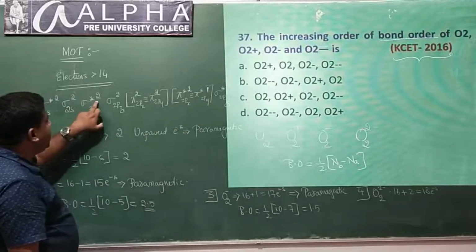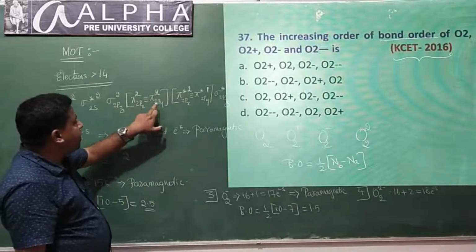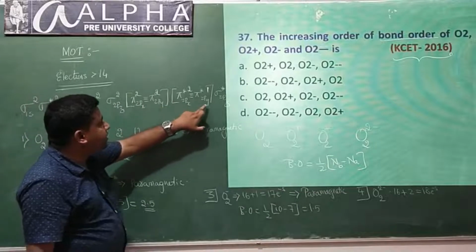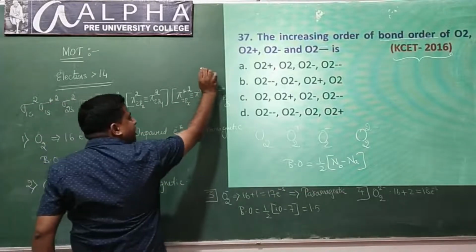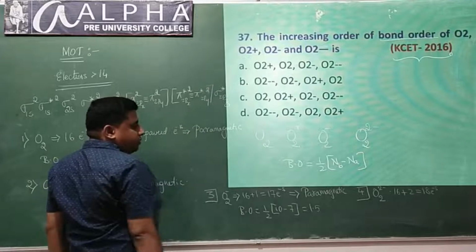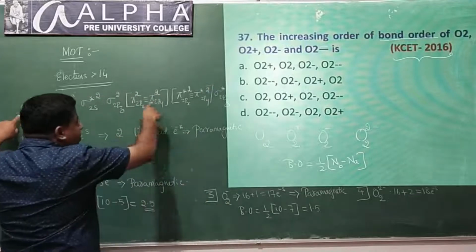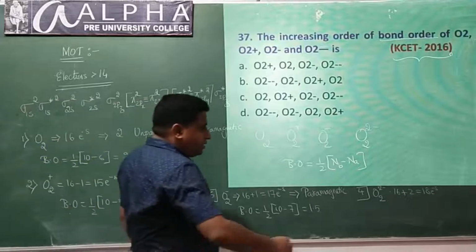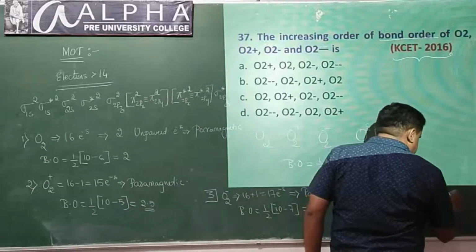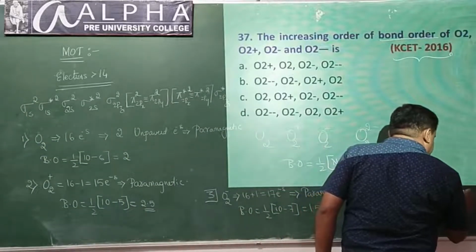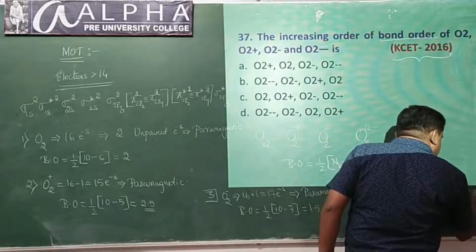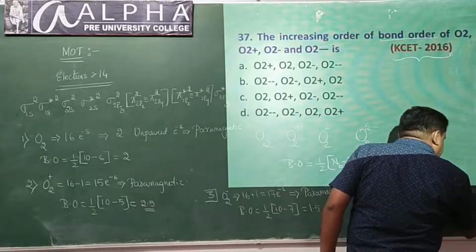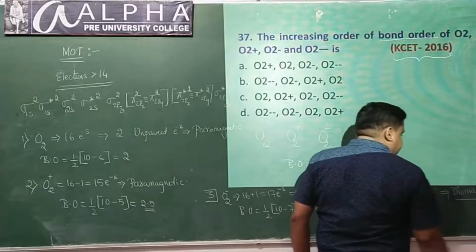4, 6, 8, 10, 11, 12, 13, 14, 15, 16, 17 and 18. Is there any unpaired electron here? No unpaired electrons. That means O2 2 minus is diamagnetic in nature.